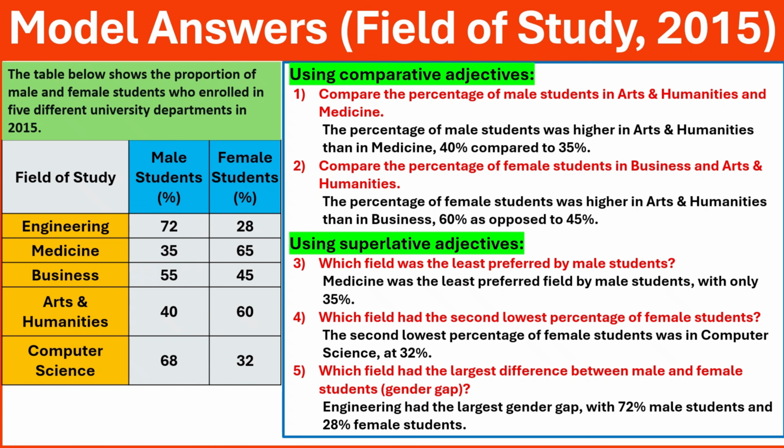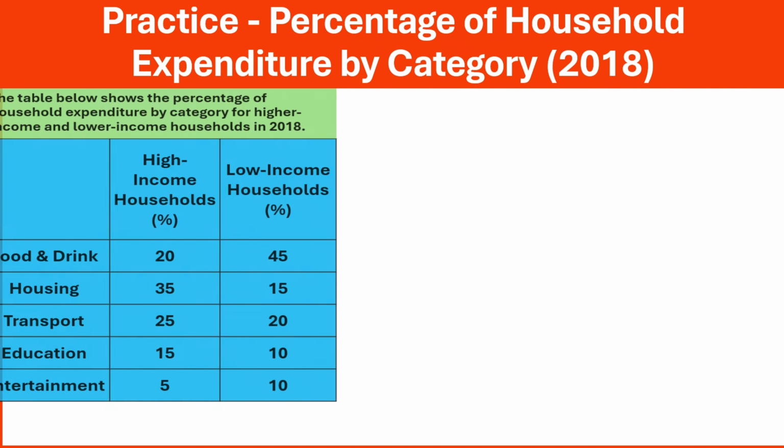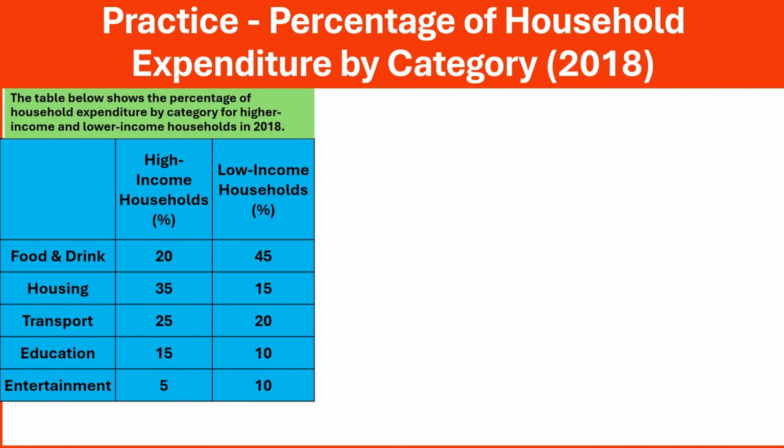This time, we will look at household expenditure for higher income and lower income households. This table shows the percentage of household expenditure in 2018, comparing higher income and lower income households across 5 categories: food and drink, housing, transport, education, and entertainment.